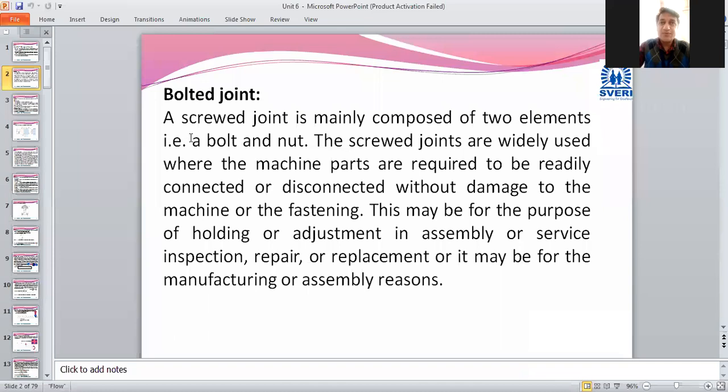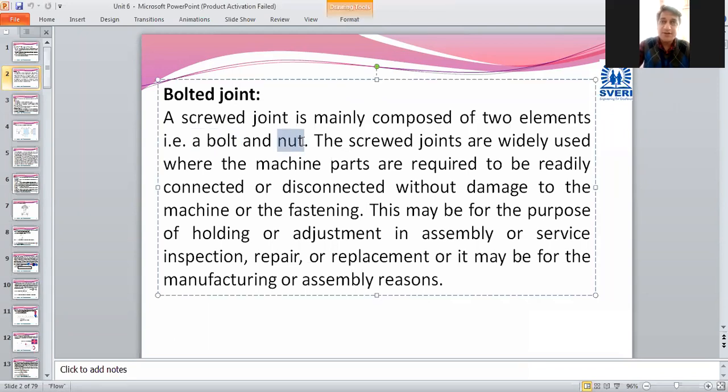Okay, so these bolted joints we'll study first. A screwed joint is mainly composed of two elements, and that you are going to call a bolt and nut. The screwed joints are widely used where the machine parts are required to be readily connected and disconnected.